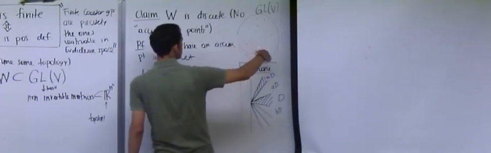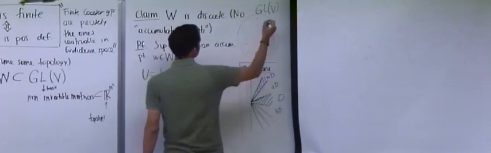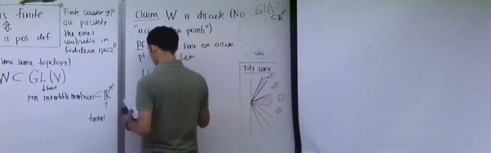Now I have a group element, which means I have a chamber. So I have some chamber over here which is called WD. And so let me define U to be the set of, again, we're thinking of this as living in R to the n squared.